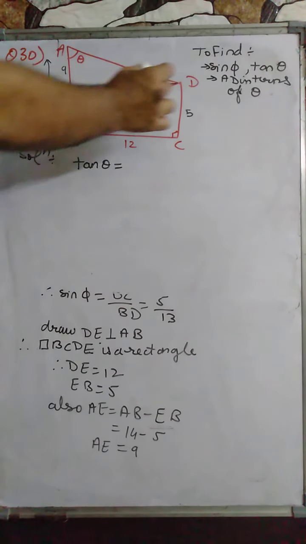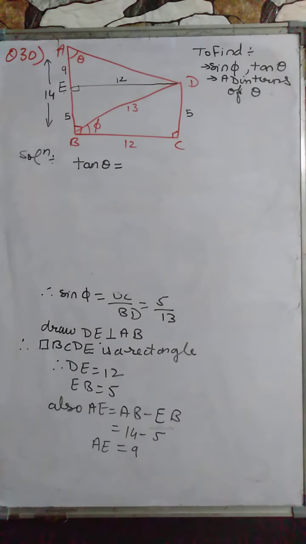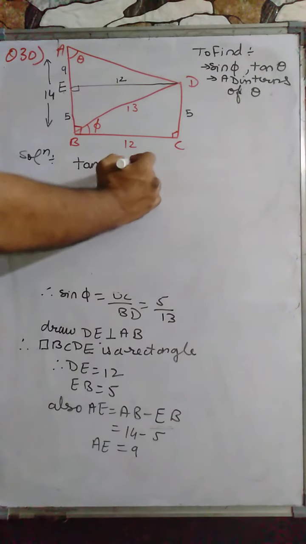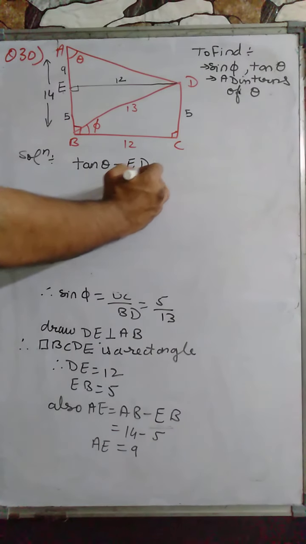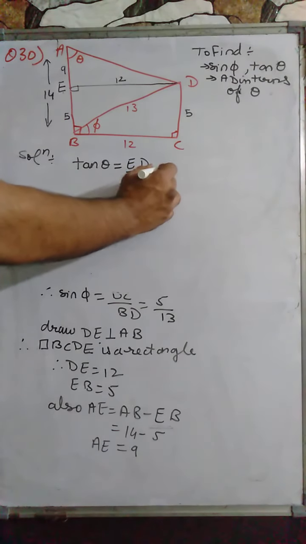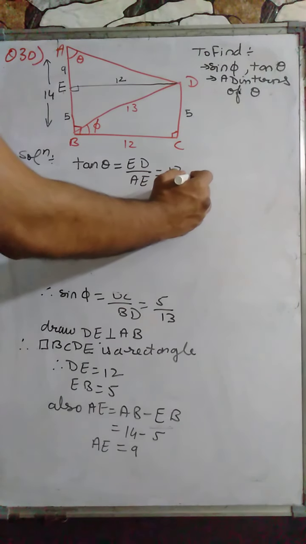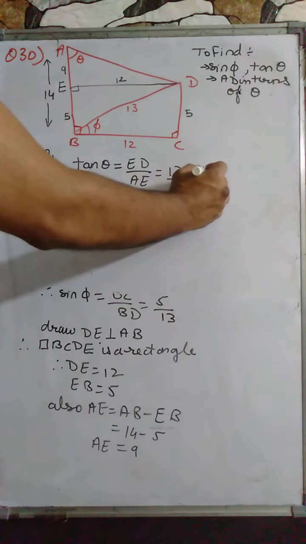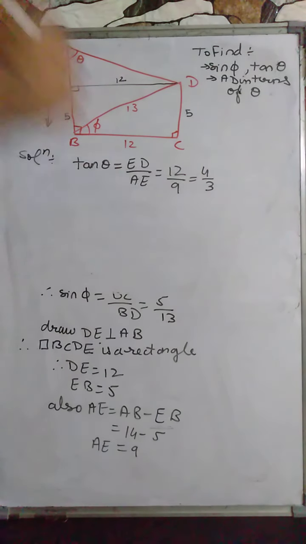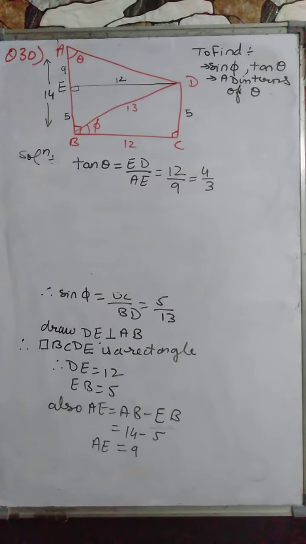In triangle AED, if I take tan of theta, it is height, which is ED, upon base, which is AE. So ED is 12, AE is 9. I can simplify that to 4 by 3. So tan theta is equal to 4 by 3.